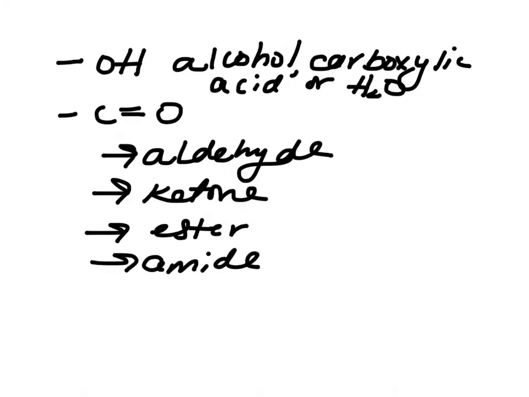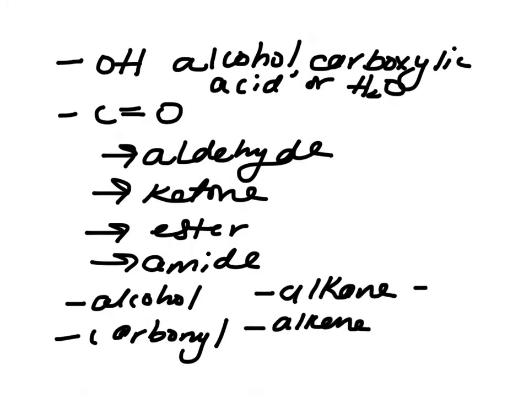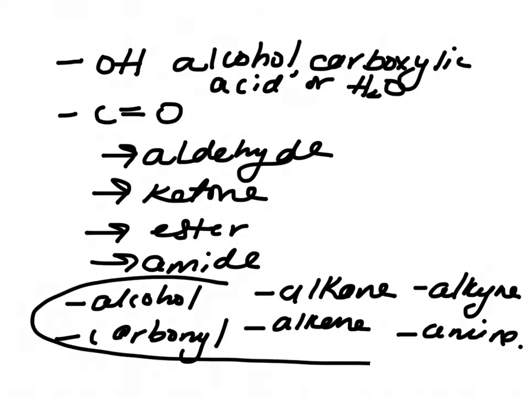So if we just refresh from IR, we're looking for alcohols, carbonyls. We can determine if we have an alkane, an alkene, an alkyne, and an amine. Right, so these are some of the key functional groups that we looked for in IR spectroscopy.